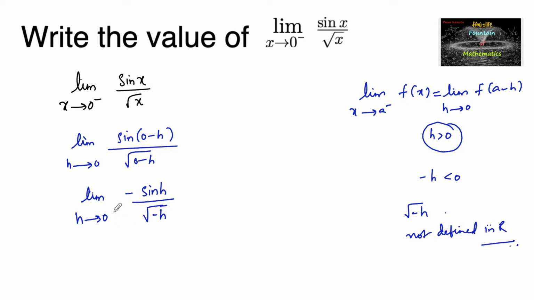So we can say that limit h tends to 0 of minus sin h upon root over minus h does not exist, since root over minus h does not belong to R. Okay.